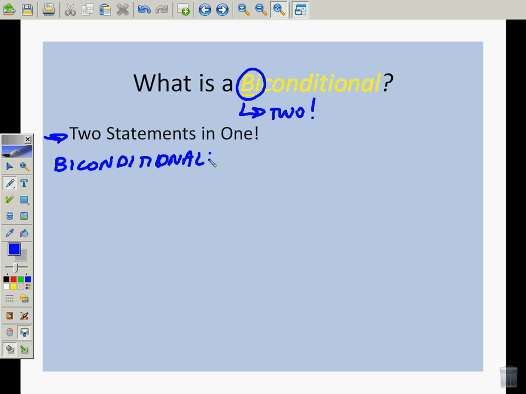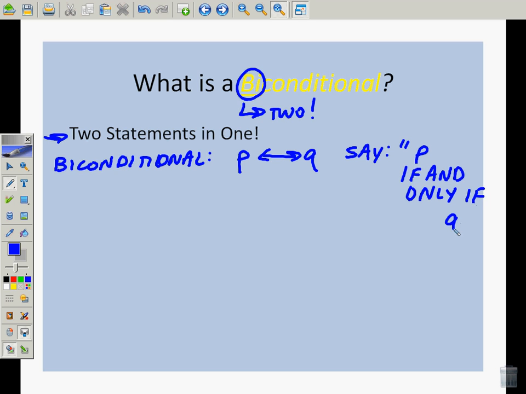Here's the symbolic notation. It's a double-headed arrow. P, double-headed arrow, Q. Here's what we say: P, if and only if Q. So the two conditions are the conditional.